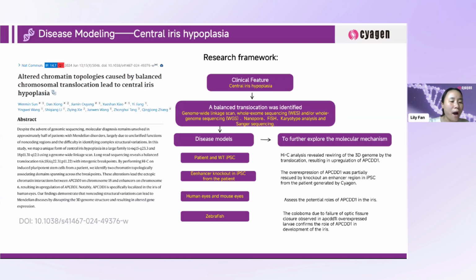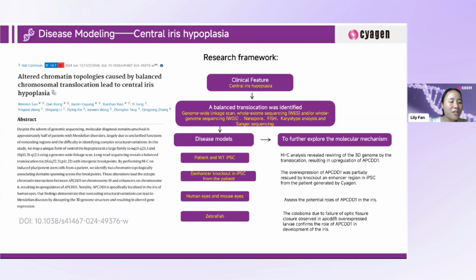Through a genome-wide linkage scan, WES and/or WGS, nanopore, FISH, karyotype analysis, and Sanger sequencing, a balanced translocation was identified. To further explore the molecular mechanism, iPSC, human eyes, mouse eyes, and zebrafish were selected as the disease models.